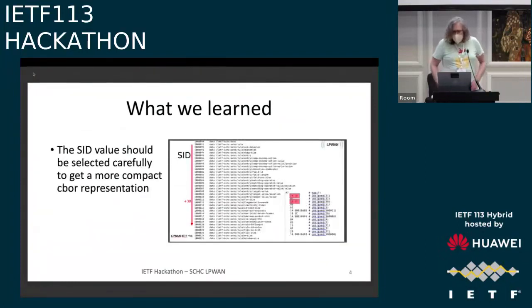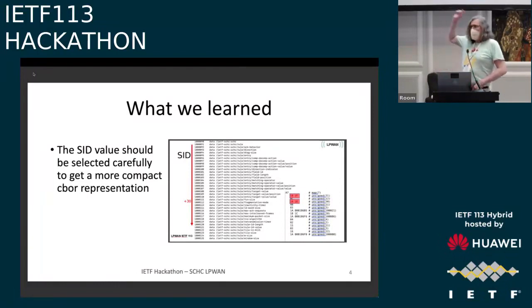So what we have learned: first, CORECONF is quite nice. We have a very, very compact representation of the rule. If we compare to the JSON version, we divide the size of the rule by 6. That's quite interesting, especially in constrained networks. But we have discovered some funny things with CORECONF: it sorts all the entries by alphabetical order.